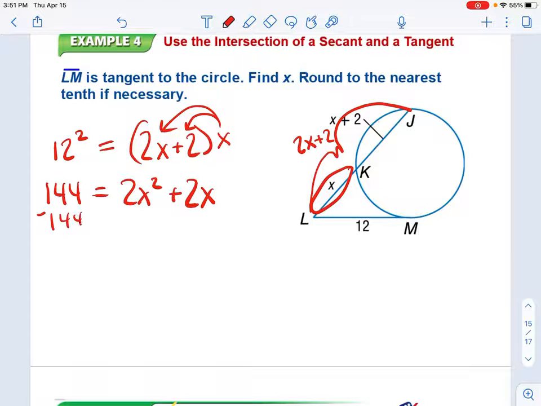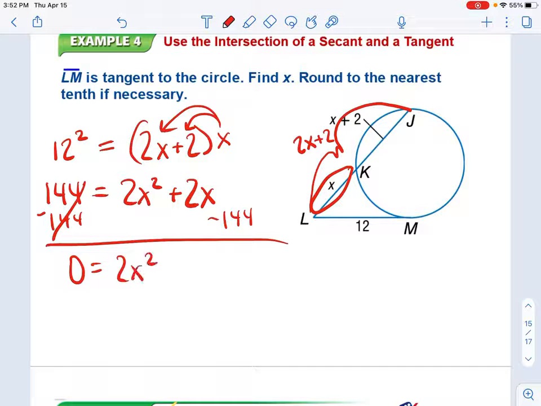I need to solve this for 0. So I get 0 equals 2x squared plus 2x minus 144. Now, like I said earlier, if the a term is not 1, for now, just go ahead and use the quadratic formula. There are ways to solve it by factoring, but it would take a long time to explain that.